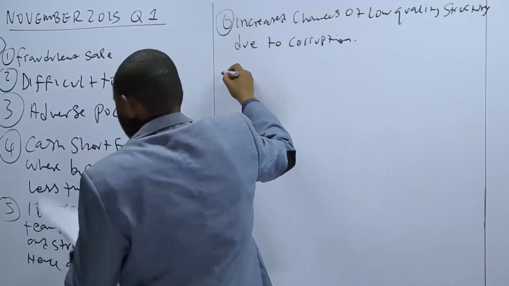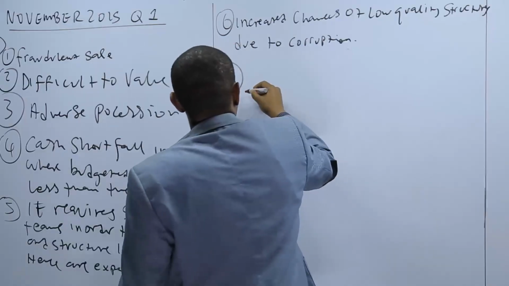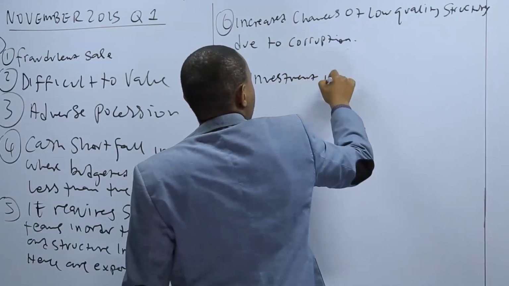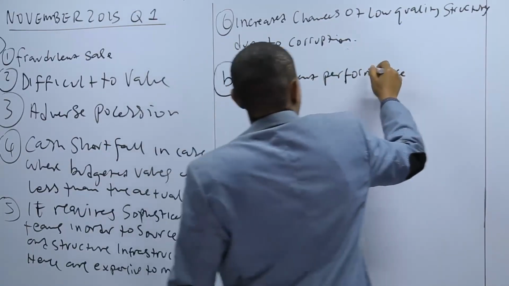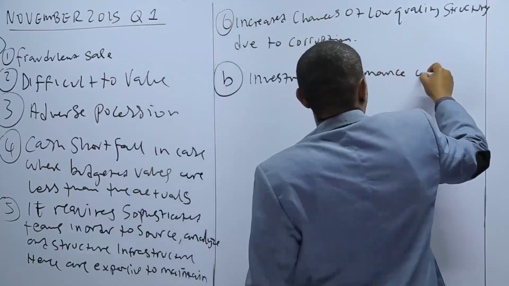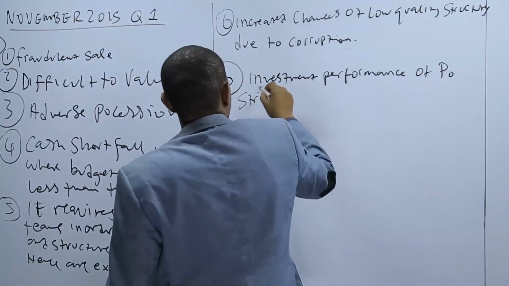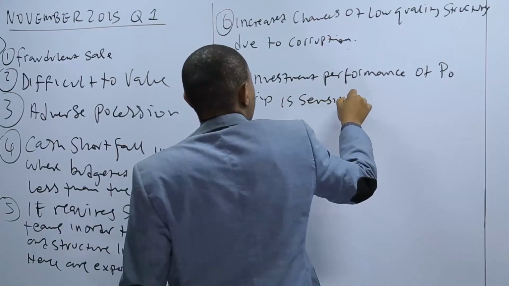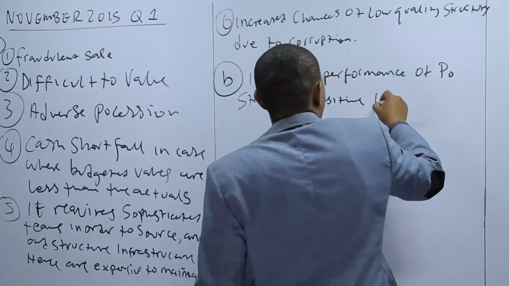So we are looking at B, yes, that's B right there. So we can say investment performance of PO strip is sensitive to prepayments.